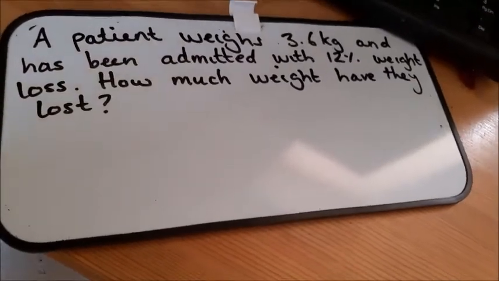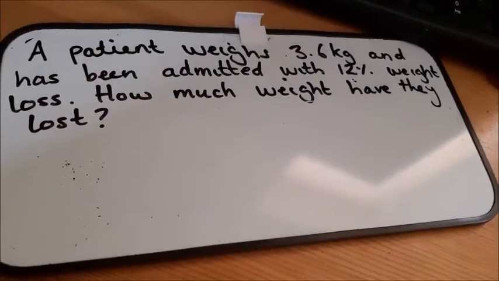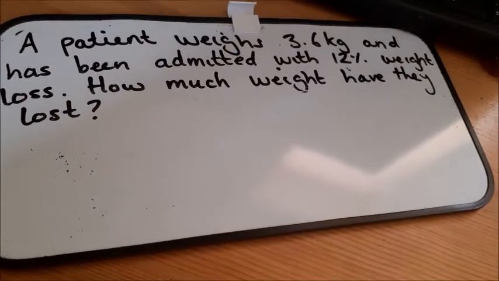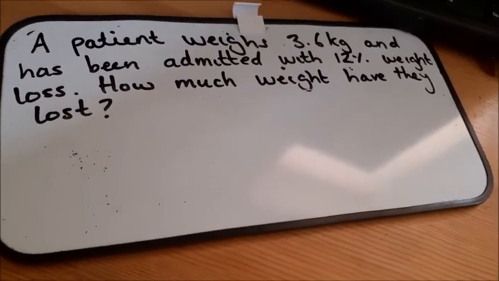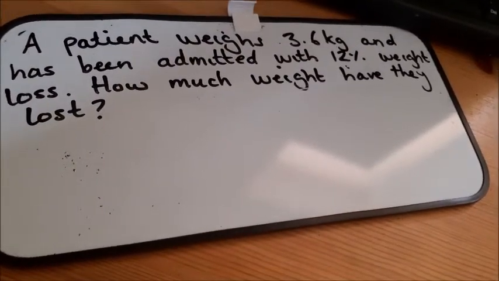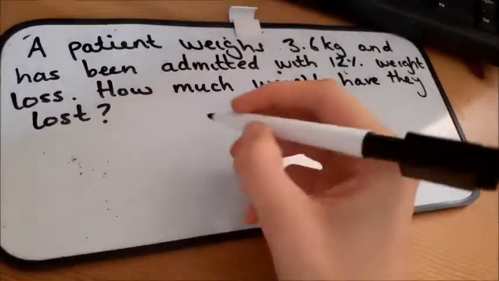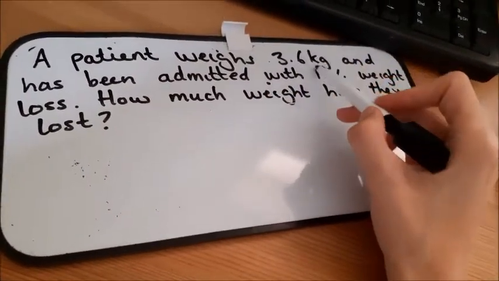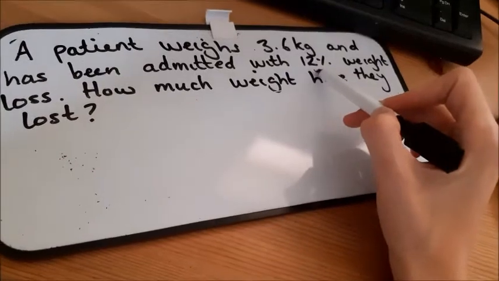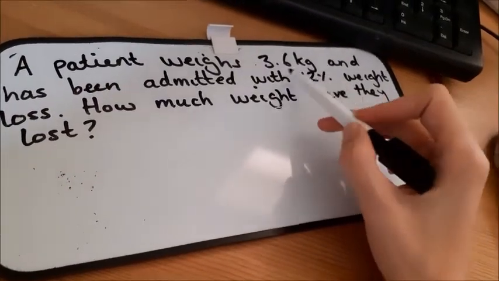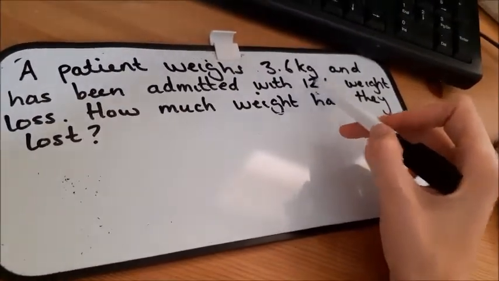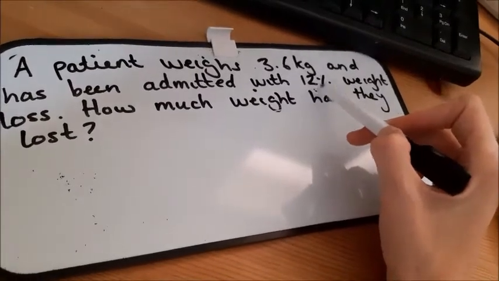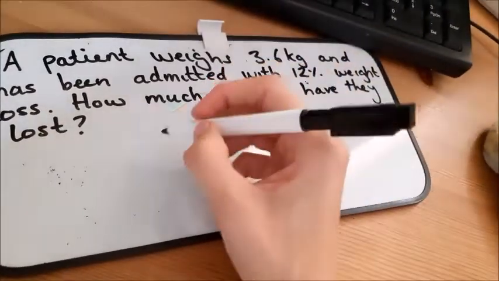So this is just about working out percentages. Now there's a few ways that you can do this. I'm just going to show you the way that's easiest to me, and that's not going to be for everyone, but I'll show you a couple of different ways. First, I find it easiest to convert this into grams, because this 12% will be a small number, 0 point something, so it's easier to work in grams rather than kilograms.